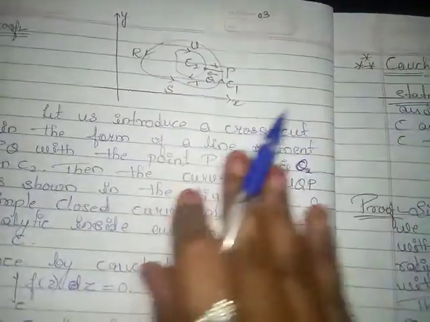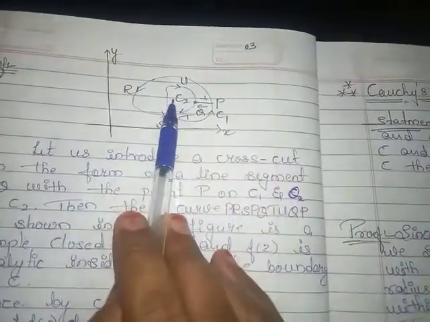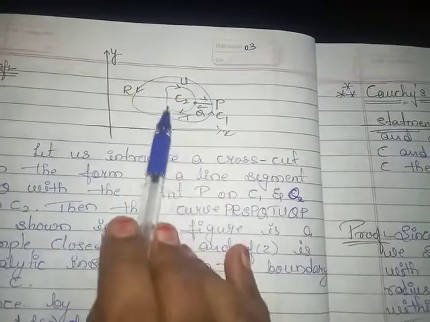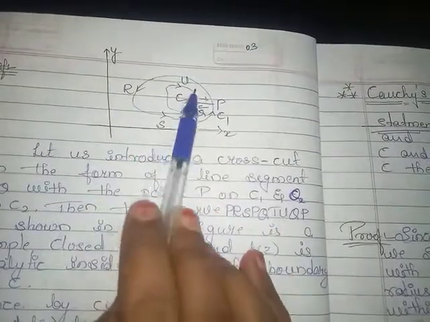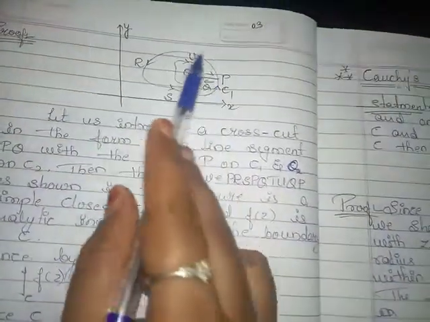We have to prove that the two integrals are the same. This is the figure according to the given statement. C2 lies entirely within C1. Okay, this is the path here.